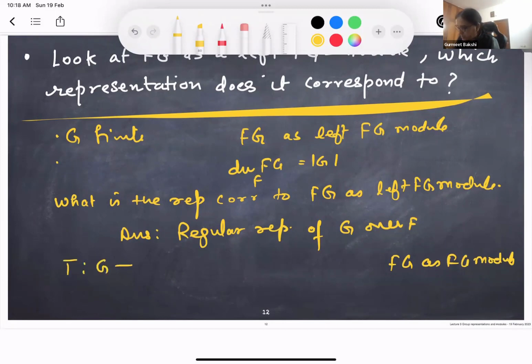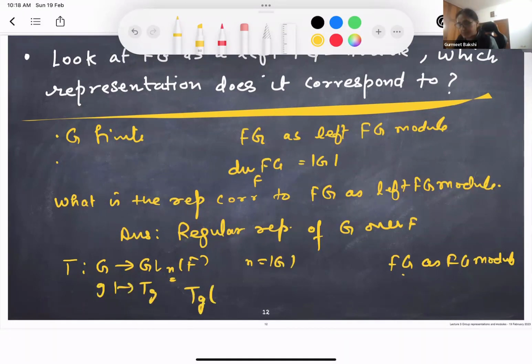How do you construct a representation from G to GLN(F)? What is this N? It is the dimension of this vector space, which is the order of the group. G goes to TG, and TG on V. I'm just taking basis elements to be group elements, so I'm just computing this on basis elements.